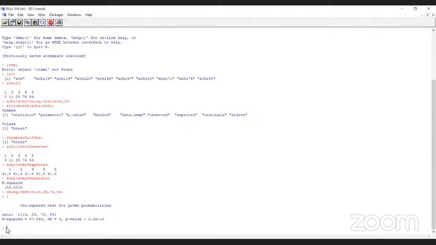Now if you want to find out 3 below and 3 above, then you can make it again chi-square dot test. What is the sum? Okay, you just remove it. It is just like a calculator.